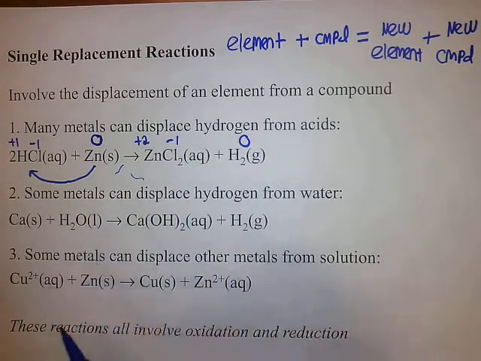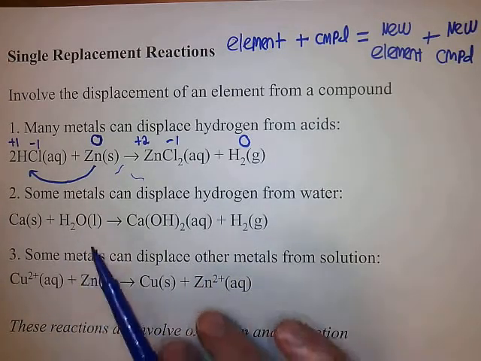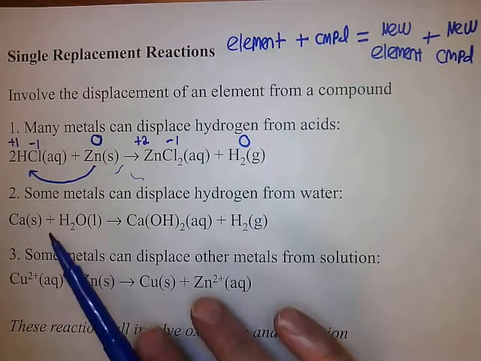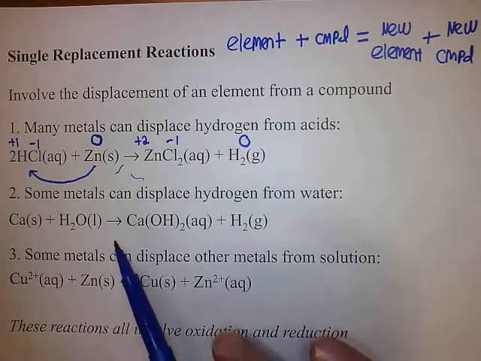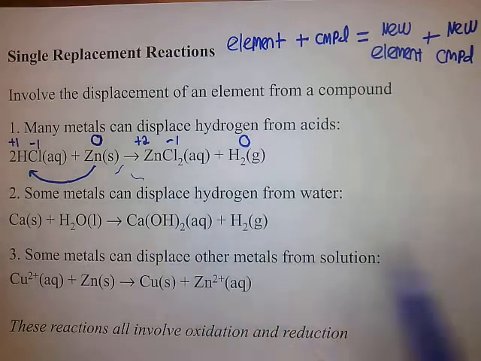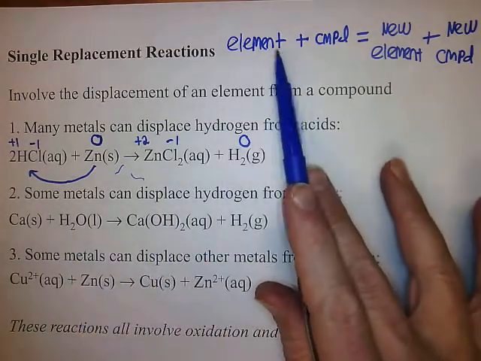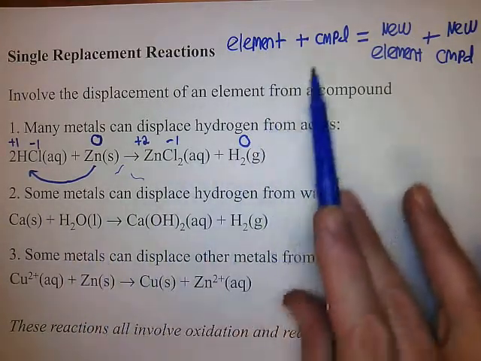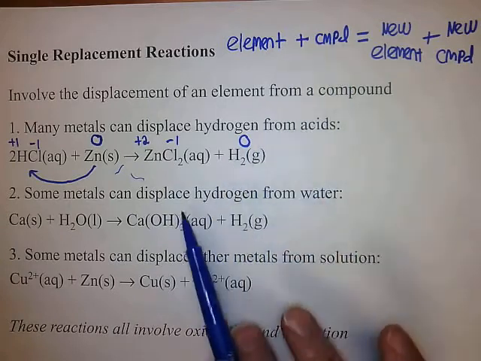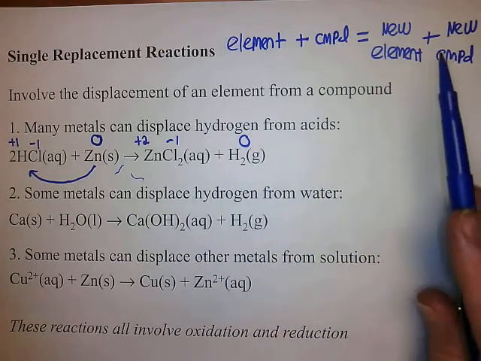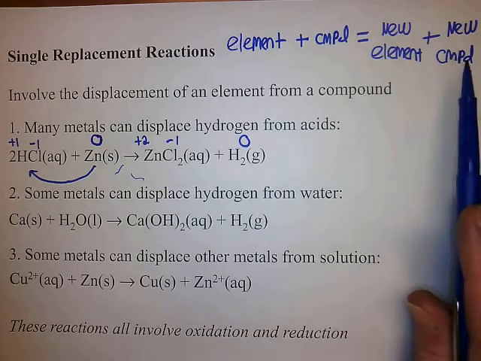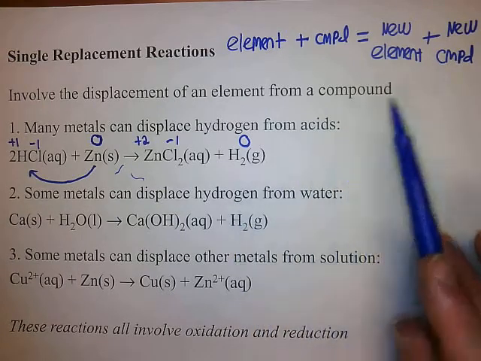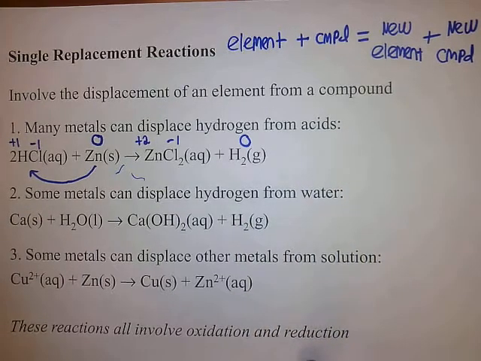The calcium is going in and displacing the hydrogen from the water, right? So the calcium would be our element, the water would be our compound. Okay, calcium hydroxide would be the new compound, and the hydrogen would be the new element. Okay.